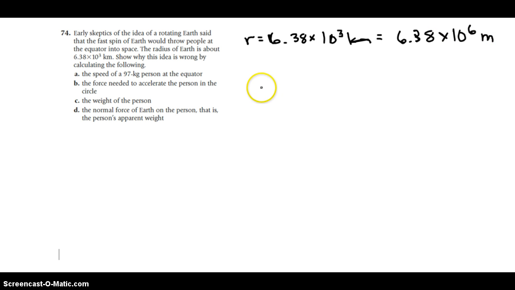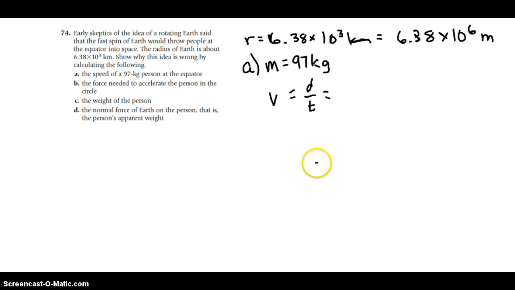So then we want to show this idea is wrong by finding the following. The speed of a 97 kilogram person at the equator, meaning their mass is 97 kilograms. Their speed, again, we're talking about rotational speed here. We can find that by taking the distance that person travels over the time it takes them to travel it.